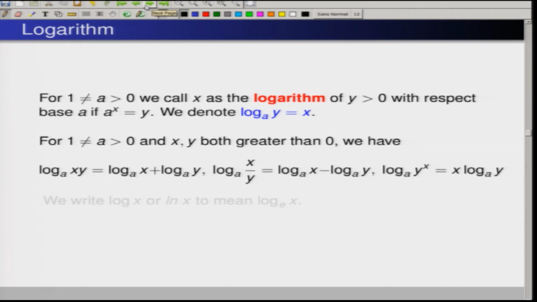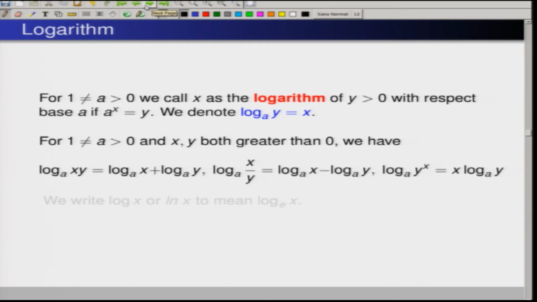Now, what one can show again with the logarithm, for any base a: log of xy is equal to log x plus log y; log of x by y, y positive, is log x minus log y; and log of y to the power x, y positive, is x log y.